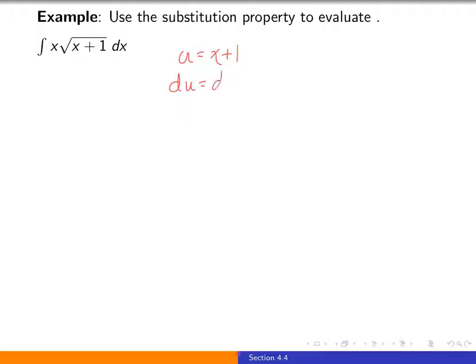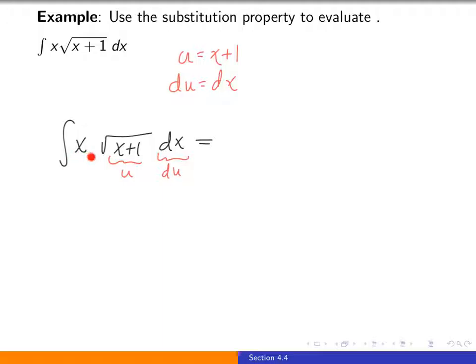So u is x plus 1, and du is dx. If we look at our integral, I'm going to rewrite it: x times the square root of x plus 1. Just like the previous example, x plus 1 under the square root becomes u. The dx becomes du. And note, we need to go from an integral only involving the variable x to an integral only involving the variable u. That means everything inside our entire integrand needs to be written in terms of u.